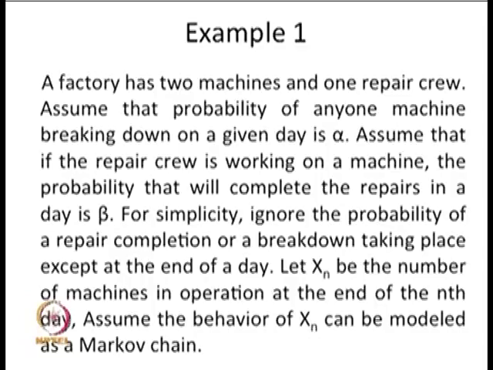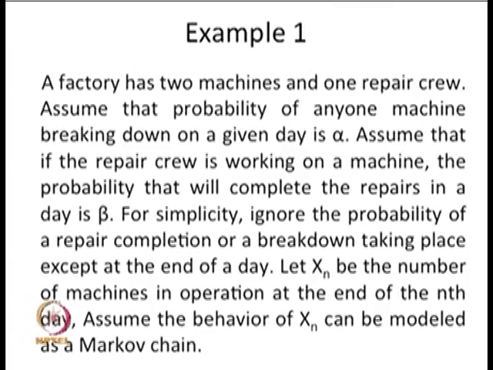The random variable X n denotes how many machines are in operation at the end of the day. Therefore, since we have 2 machines, the possible values of X n will be 0, 1 or 2.